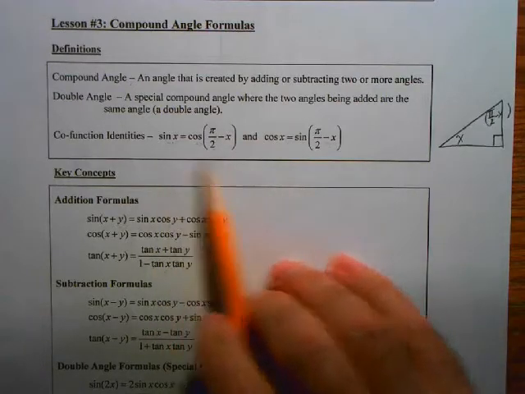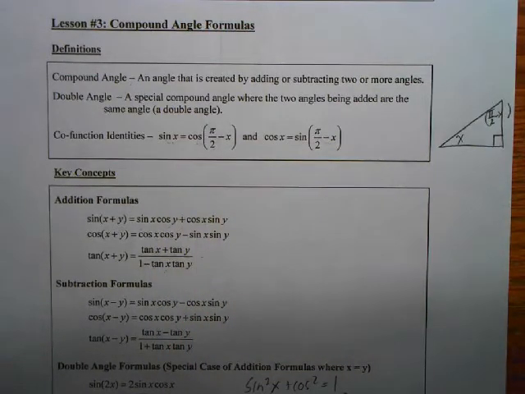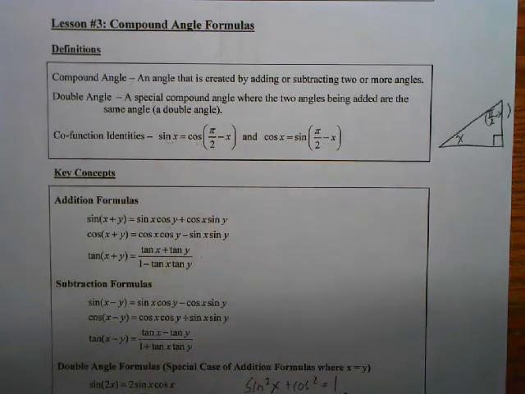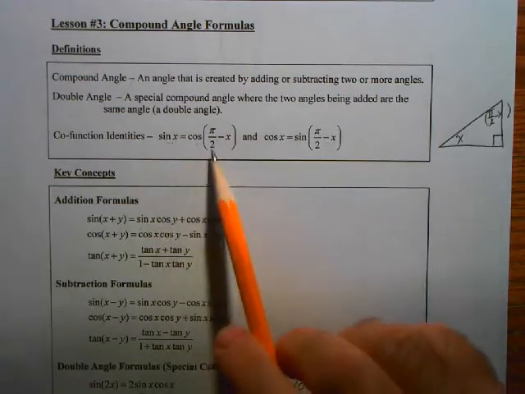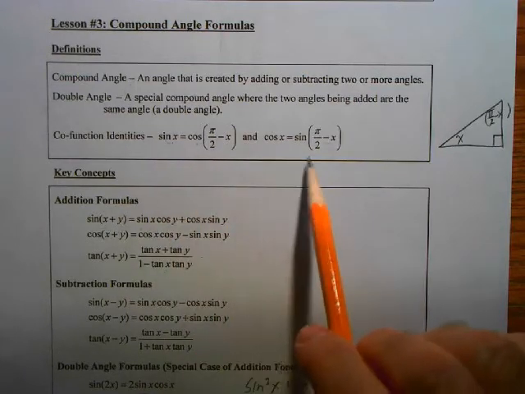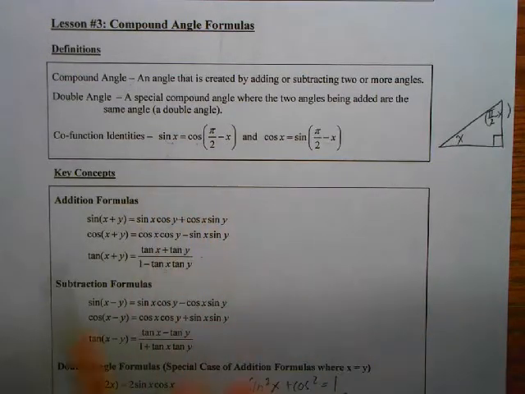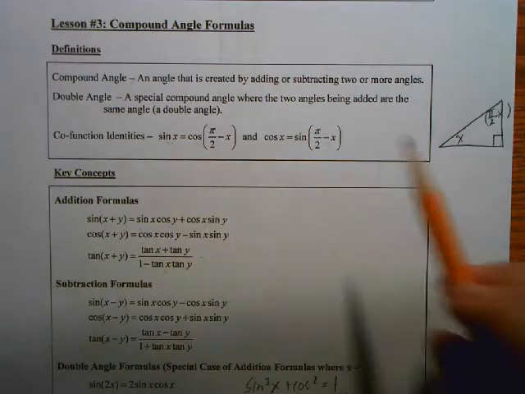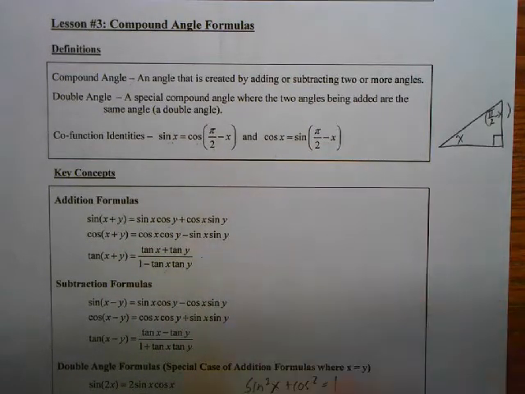You won't really see it used in today's examples, but it allows you to change a sine of an angle into a cosine, or vice versa. Sine of x is equal to cosine of pi by 2 minus x, and the opposite, cosine x is equal to sine of pi by 2 minus x.